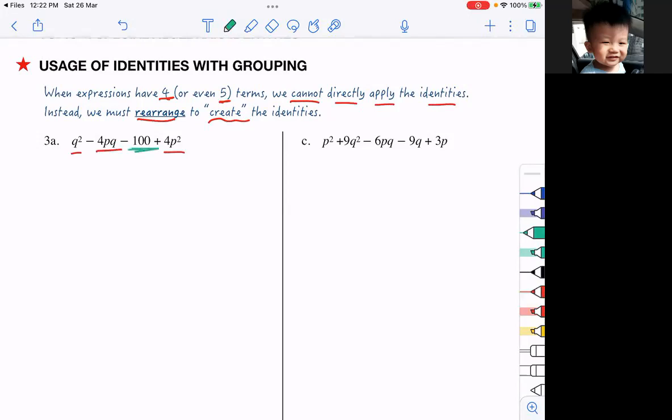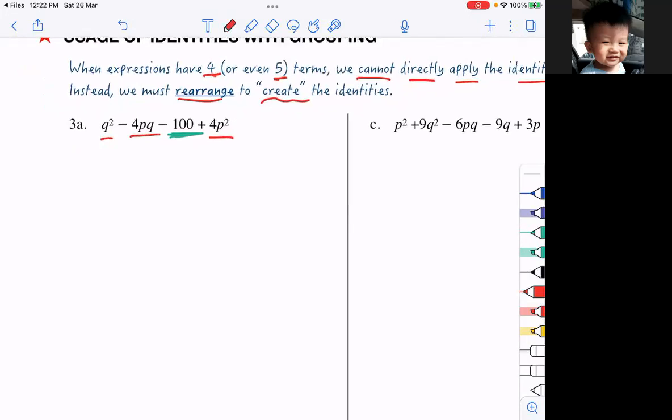And this one I don't touch first. The 3 red guys, if I drag them nearer to each other, I bring the last red guy here. The minus 100 I don't touch. I know because I've done this many times, right? But why did I do that? Because the 3 red terms are reminding me of the second formula.